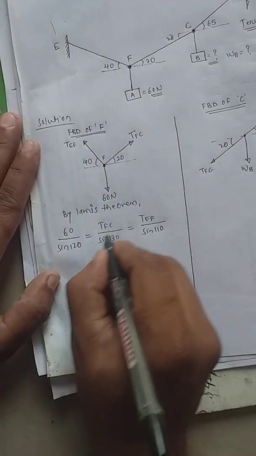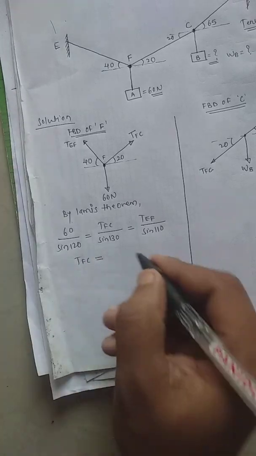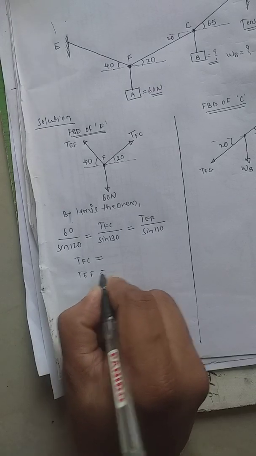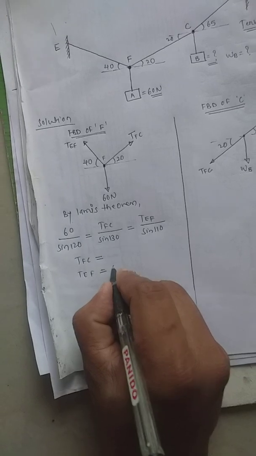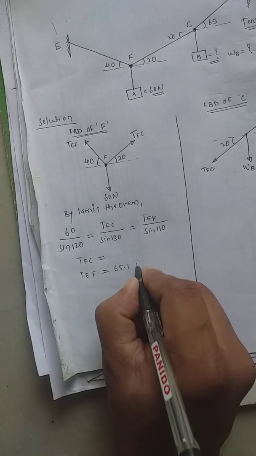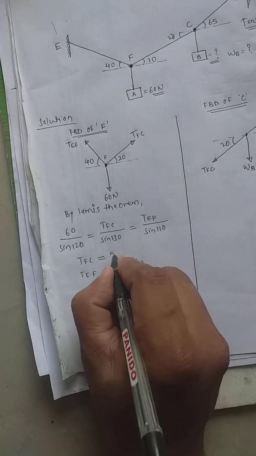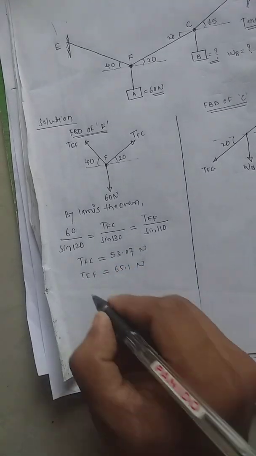If you solve this, TEF comes to 65.1 Newton, and TFC is 53.07 Newton. So this is your answer.